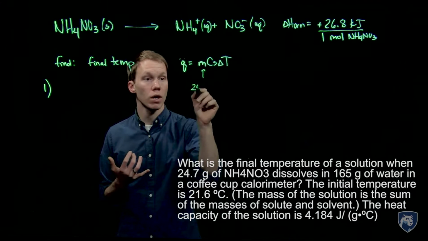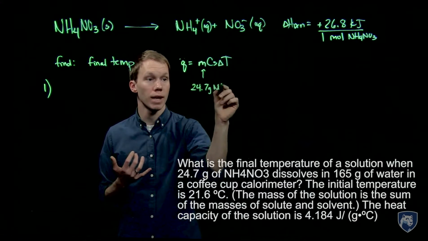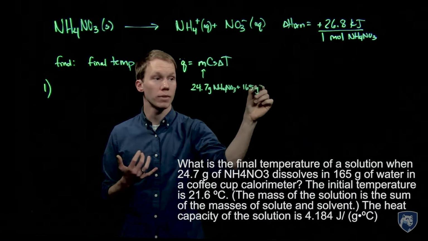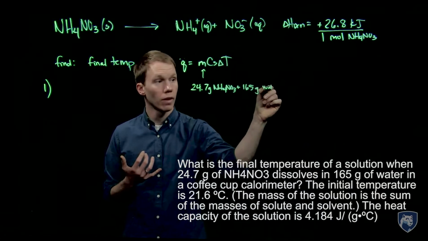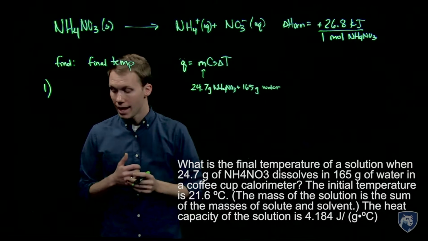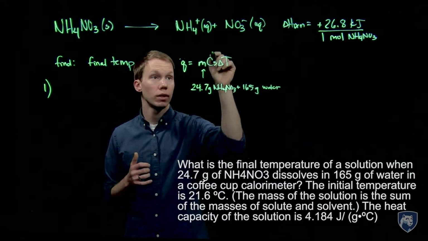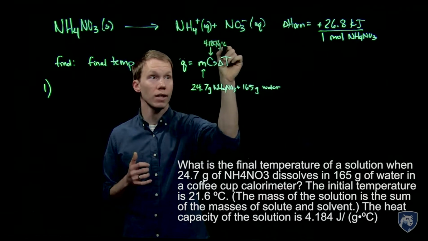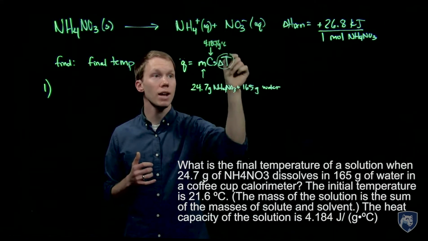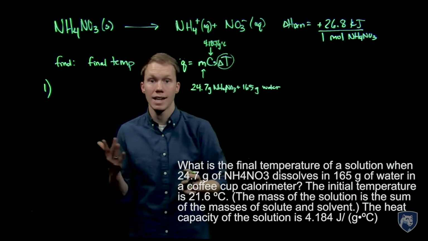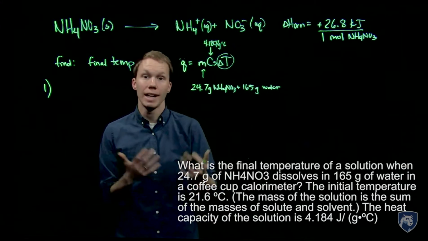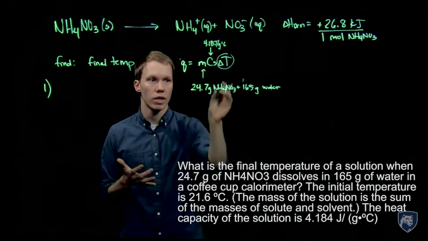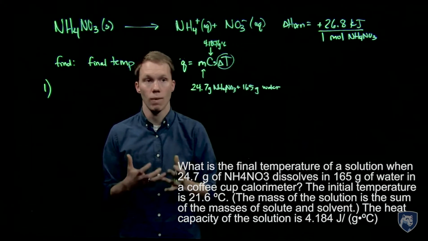That's 24.7 grams of the ammonium nitrate plus the 165 grams of water, all right? And then we are going to need to know the Cs. That's a constant, 4.18 joules per gram degrees Celsius. And then delta T, we'll just go ahead and solve for delta T and take care of finding the final temp in a second step, because I find the algebra and the math to be simpler if we just solve for delta T straight away.